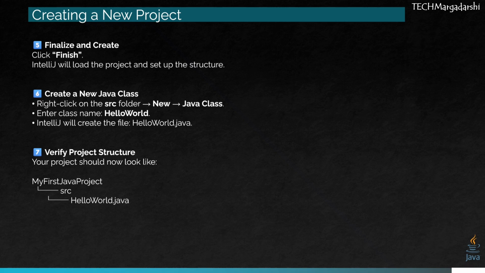IntelliJ will automatically create a file called HelloWorld.java inside the src folder. Once the file is created, take a moment to check your project structure. You should see your main project folder and inside it an src directory, which now contains HelloWorld.java. If your structure looks like this, you're all set and ready to start writing your first Java program.